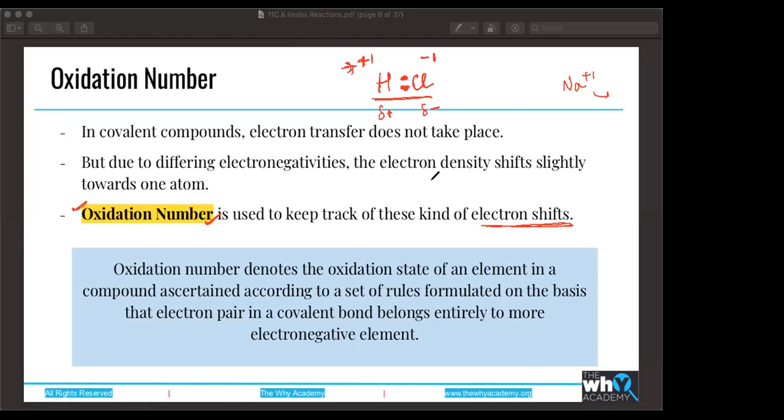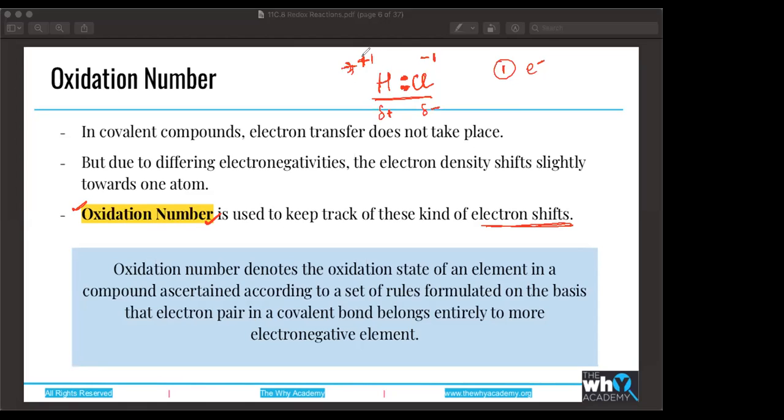And the second thing is, oxidation numbers exist because they give us two bits of important information. One, it tells us whether the electron cloud is shifted towards the element or away from the element.